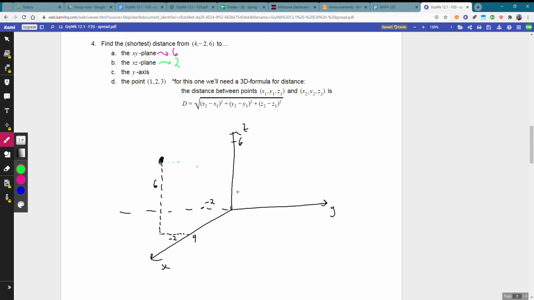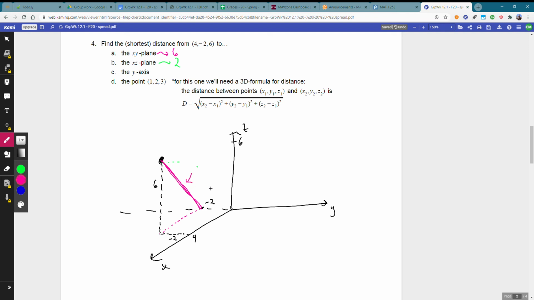If you can imagine kind of moving our eye to behind this point, we're just going to push it so that we're not changing this y distance at all. So we're going to still keep this -2 the whole way, and we're just going to go straight there. This line is going to be the fastest way to push this point onto the y-axis. And so it's this distance that we're going to be trying to find.